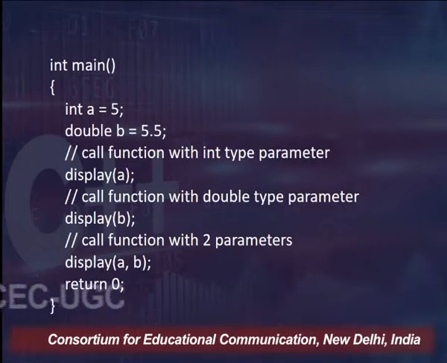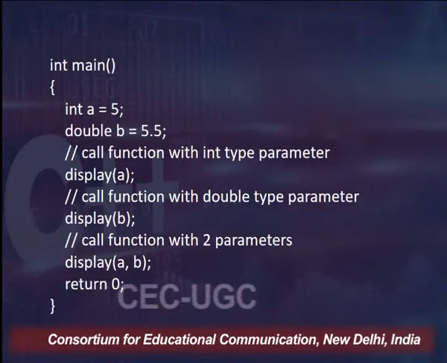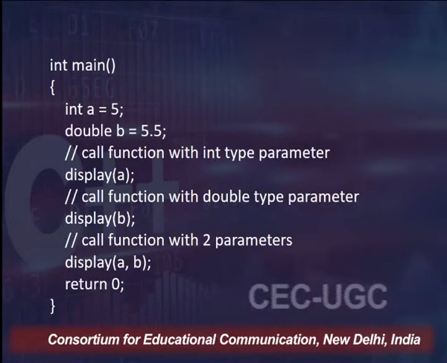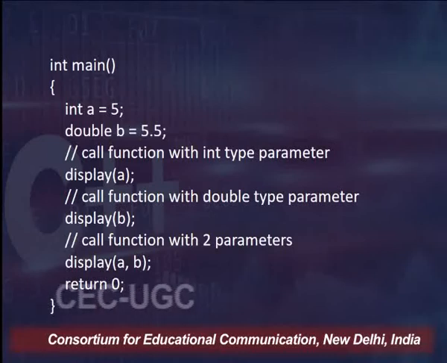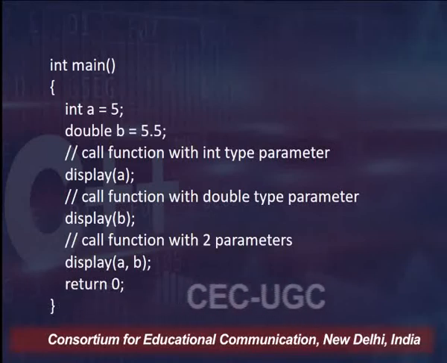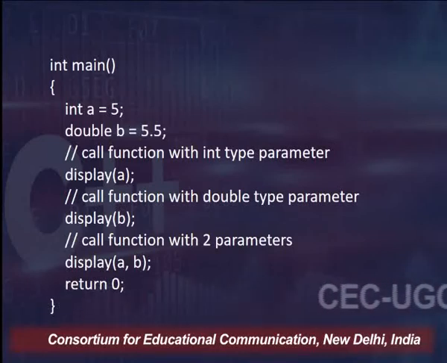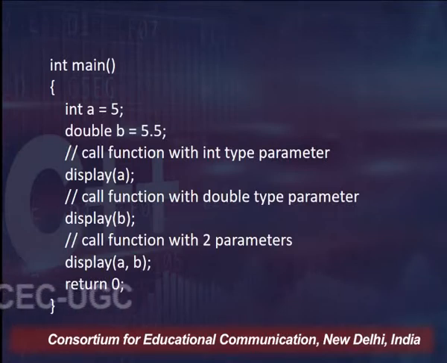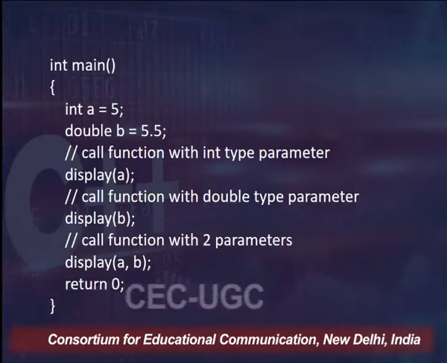When we say display a, it takes a as an integer number and calls the function with an integer type parameter. When I say display b, it is going to call the function with a double type parameter, and when I say display a comma b, it is going to call the function with both the parameters.